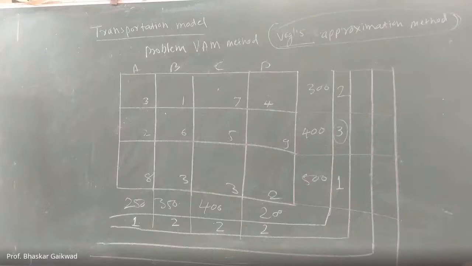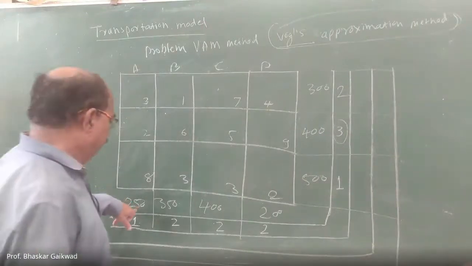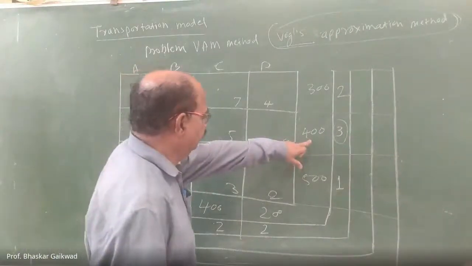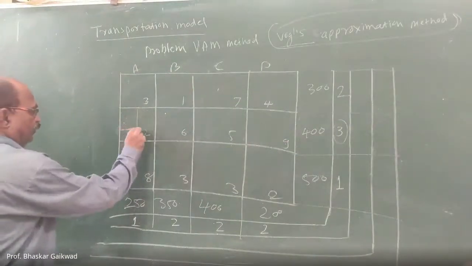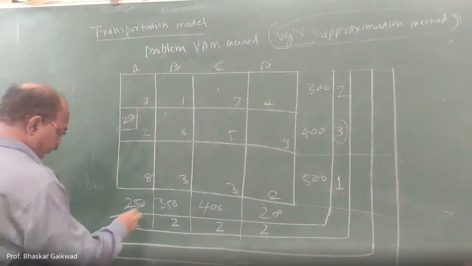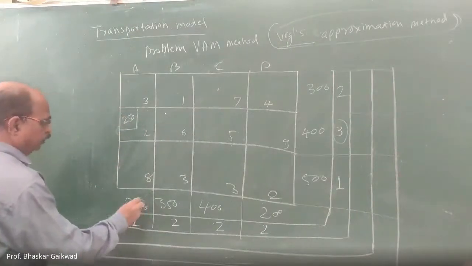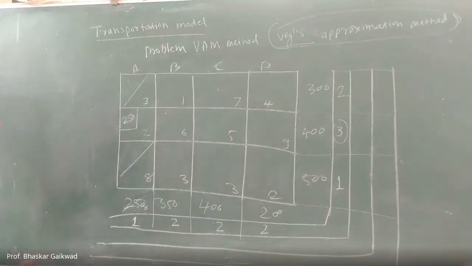Where is the minimum value? 2. So here it is 2. Correct. Now this is the 250 supply, demand is 400. So here we write 250, so this will become 0 and this row we have to cancel.